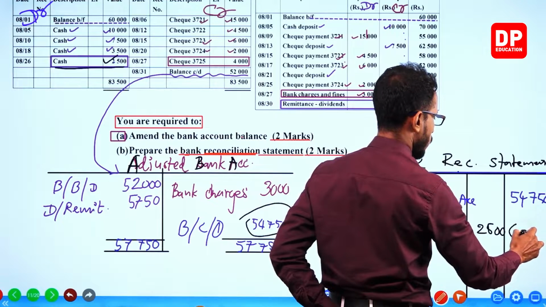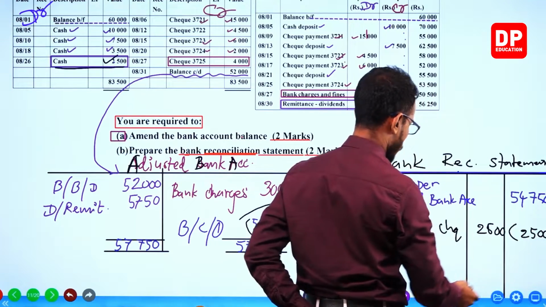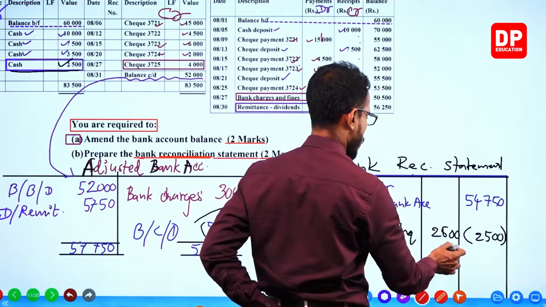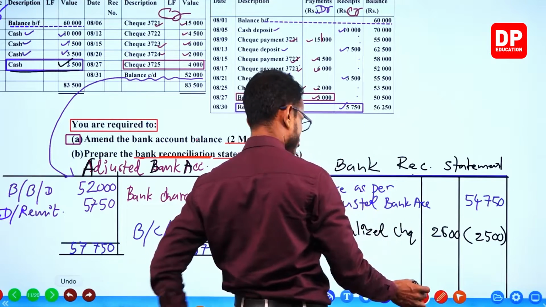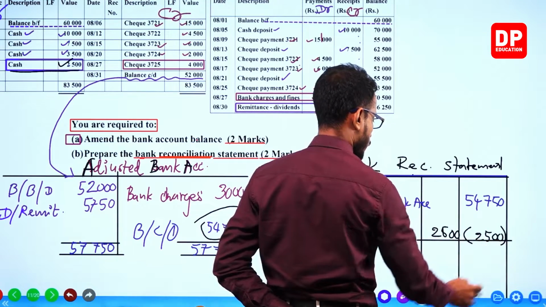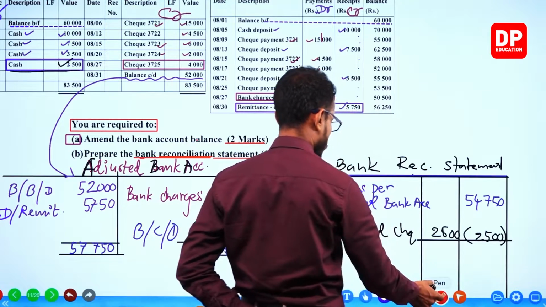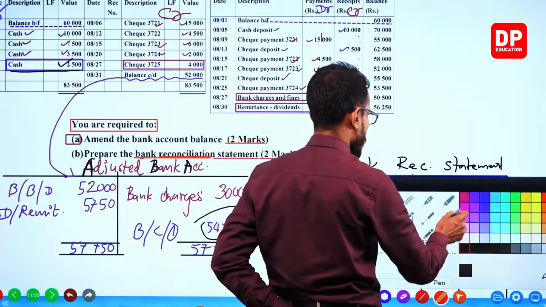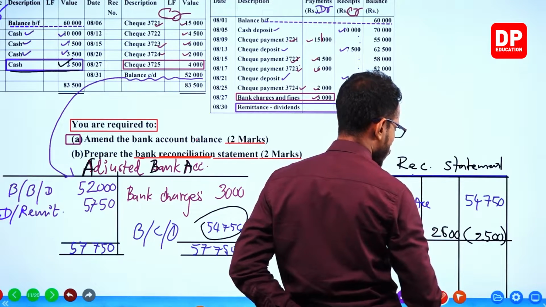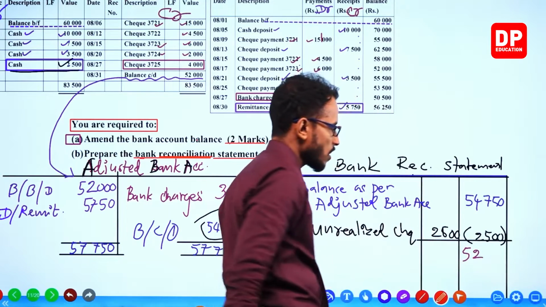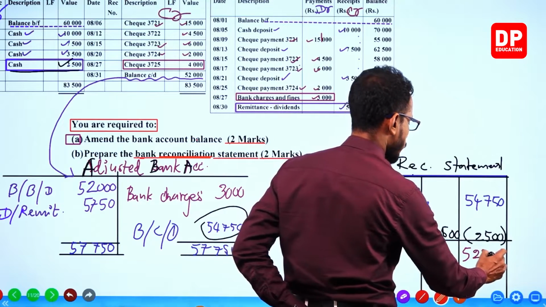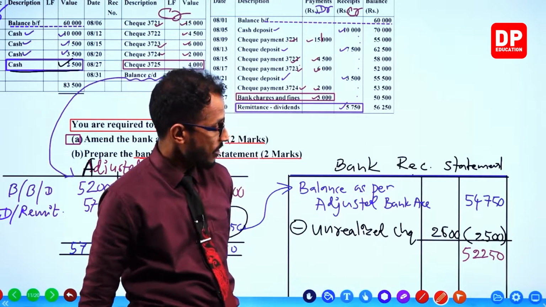Let's put it in the last column and subtract. 54,750, after 2,500 is subtracted, becomes 52,250.